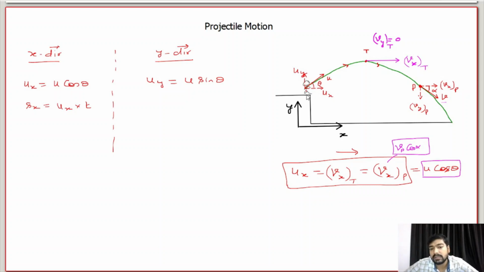If the particle is thrown from this level, the range is also from this level, from here to here, the same level.